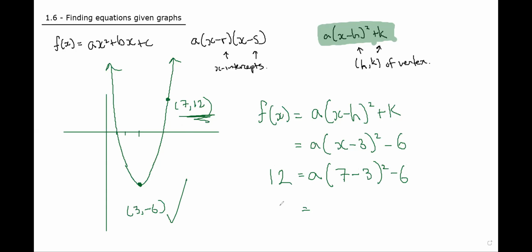So 12 is equal to 4 times 4, that's 16a, minus 6. So 16a is equal to plus 6, 18. That means a is equal to 18 over 16, simplify, divide both by 2, 9 over 8.